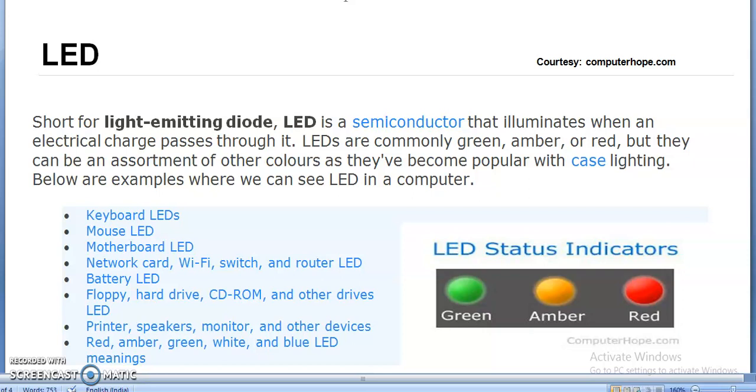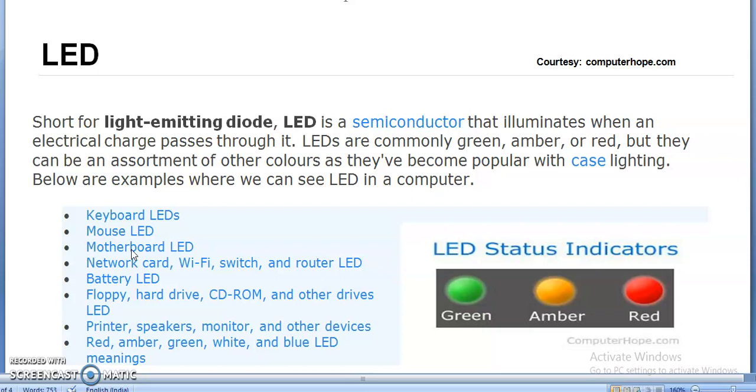So where can we see these LEDs? In devices like our keyboard. In a mouse, we have LEDs, and in an optical mouse we can see the LED on the bottom of the mouse. Then we have motherboard LEDs, where we have different connectors, and in the device slots we have LEDs.